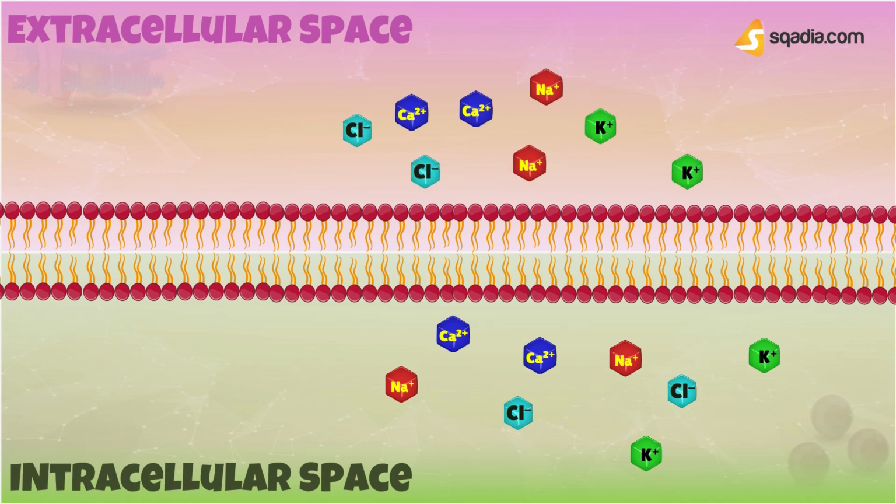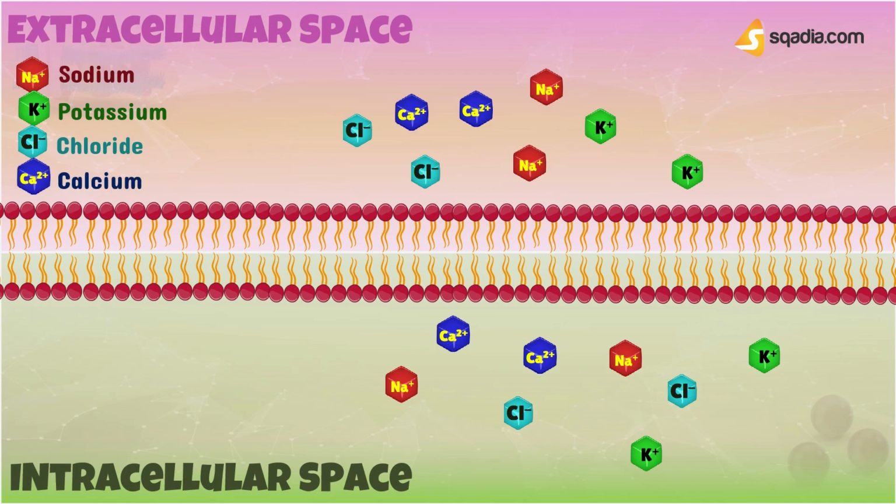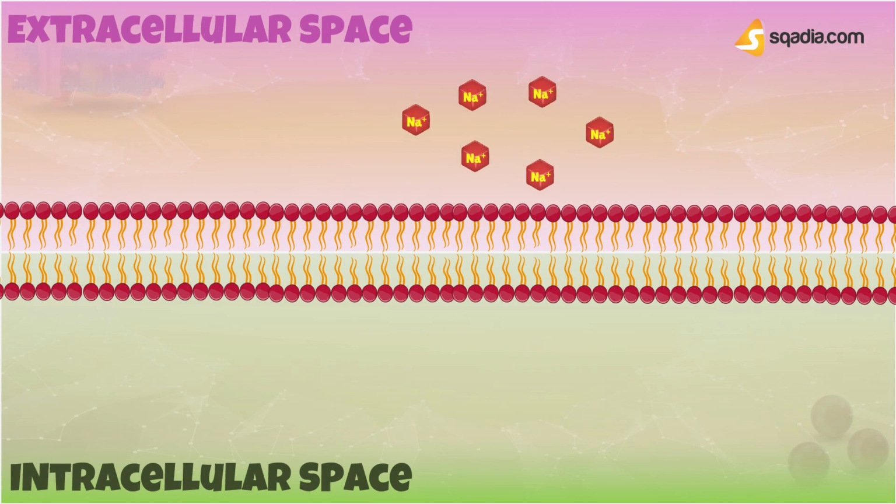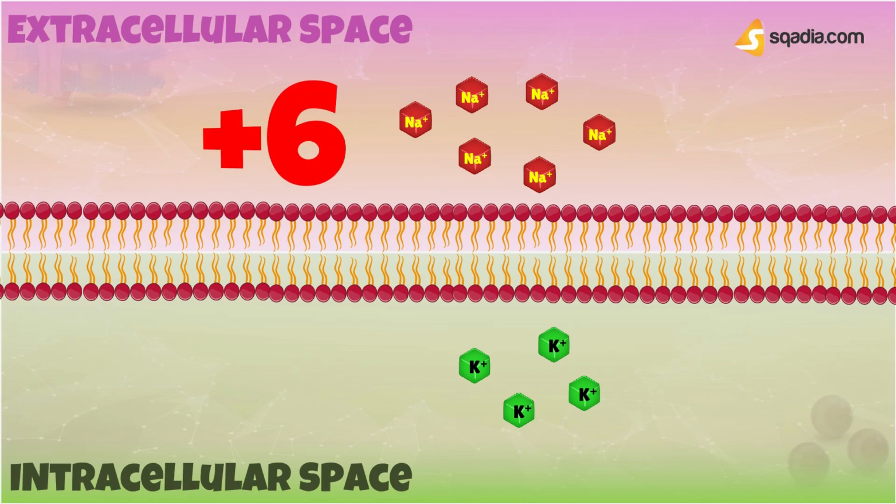Let's say they are sodium, potassium, chloride, and calcium ions. Now imagine that you have 6 sodium ions outside the cell and 4 potassium ions inside the cell. Which side do you think will be more positive? I think 6 sodium makes plus 6 charge, so outside the cell will be more positive.